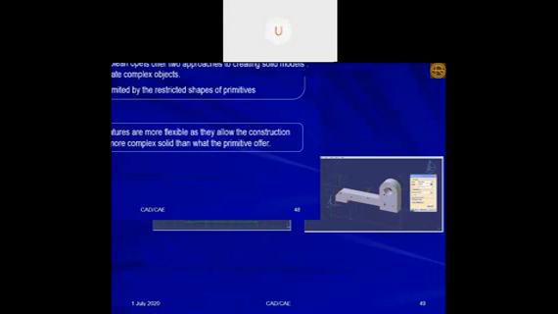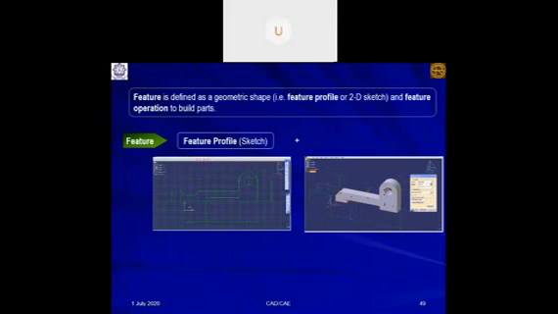In the feature-based approach, there is a term called feature. A feature is defined as the geometric shape, that is the feature profile or the 2D sketch, and the feature operation to build the parts. So the important thing in the feature-based approach is the feature. A feature is a combination of the feature profile, that means the 2D sketch, and the feature operation.